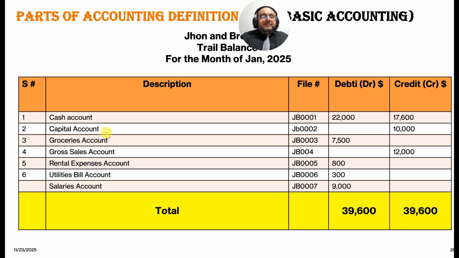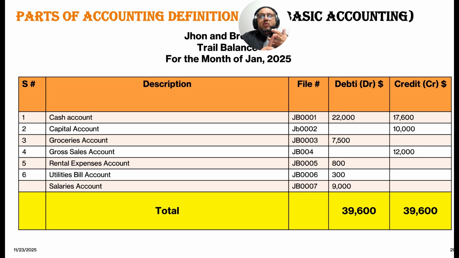At the first stage, the cash account. How is this amount of 22,000 recorded here, and this amount of 17,600 here? Why? How? The answer is that first we collected all the business transactions and then recorded those transactions into the journal entries.